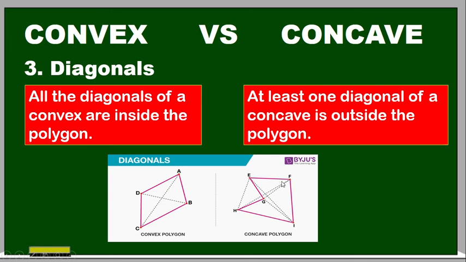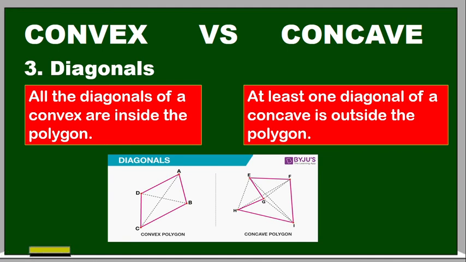Whereas in the given example on the right, this makes concave because the diagonal line segment EH or HE is located outside of the polygon. Okay, at least one diagonal of a concave is outside the polygon. So, kaya ito ay naging halimbawa ng concave polygon.